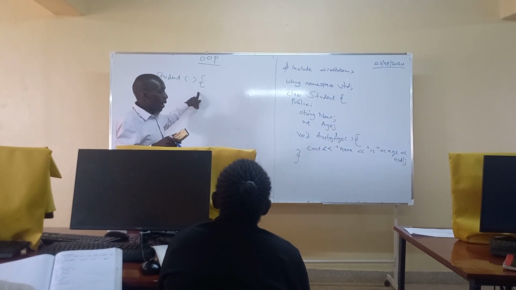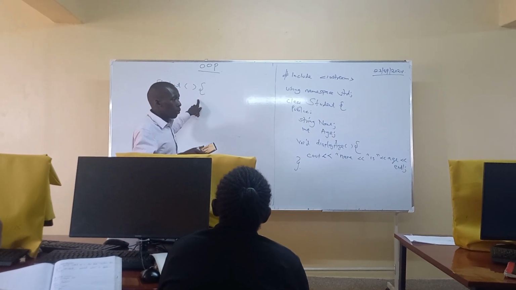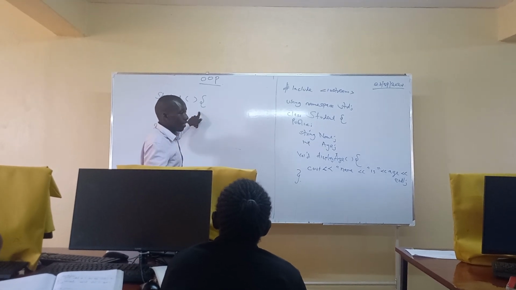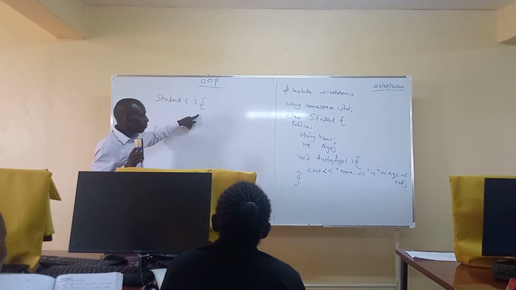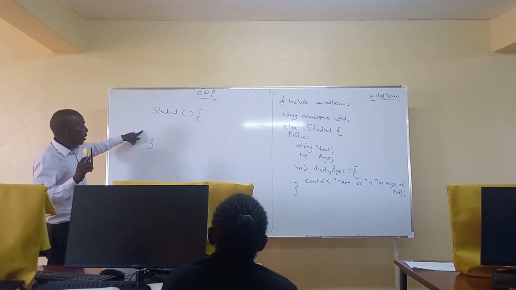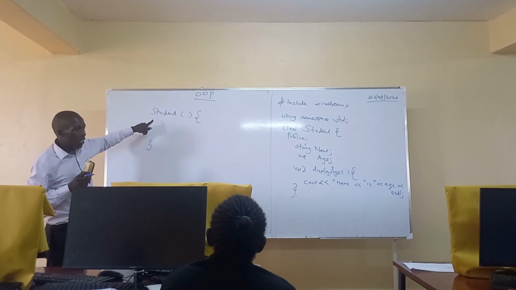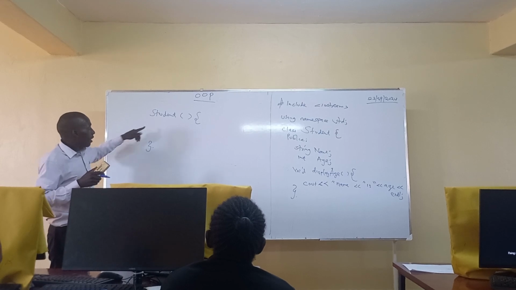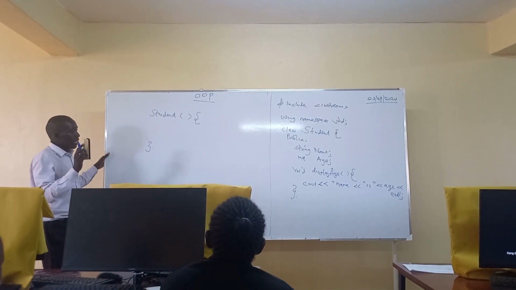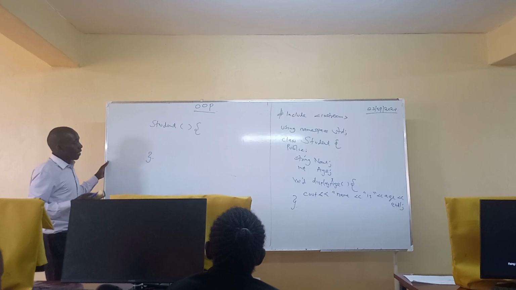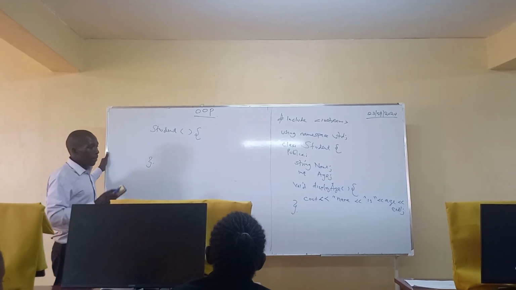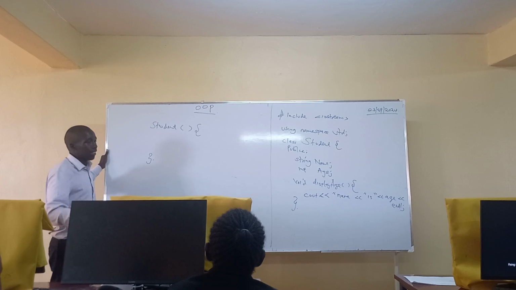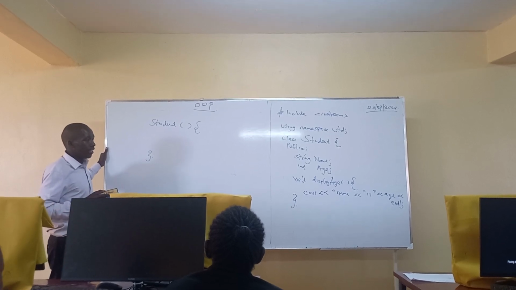If we pass a parameter, we call it a parameterized constructor, right? But for our case, we don't need a default constructor. We need a parameterized constructor, right? Now, when I say a parameter, it means we must pass some parameters so that we can initialize later when we are creating the object, right?